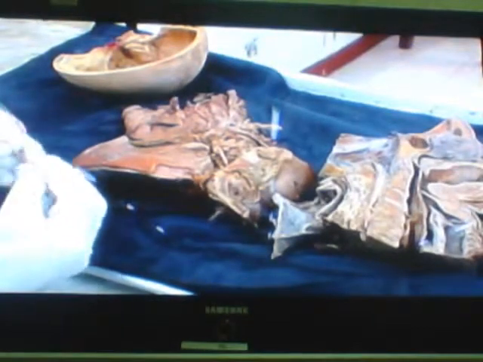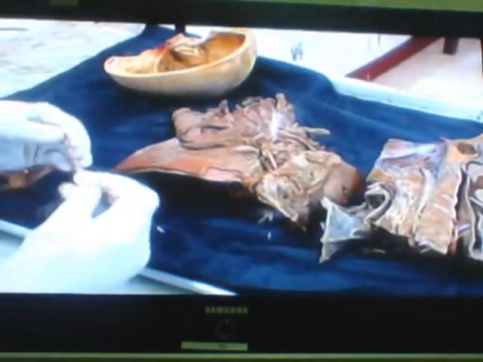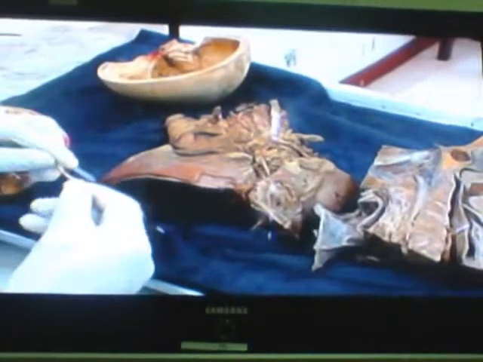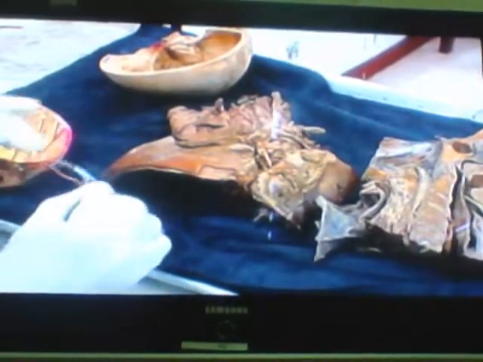The olfactory nerve. Olfactory nerve. Table 1.